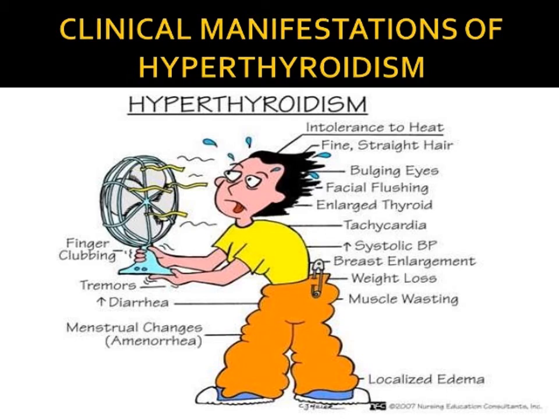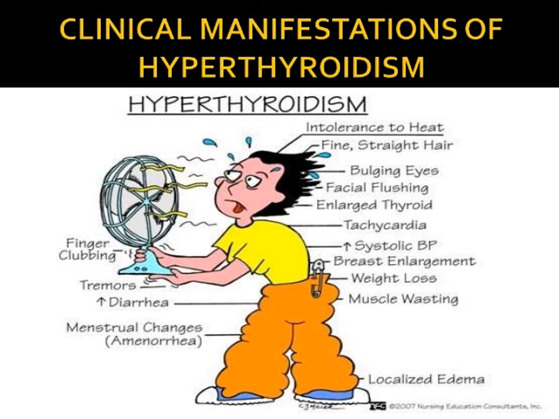There will be cardiac symptoms, like tachycardia, increased systolic blood pressure, and cardiomegaly, and can lead to congestive heart failure in long-standing cases. The patient presents with weight loss in spite of increased appetite due to the increased metabolic rate.